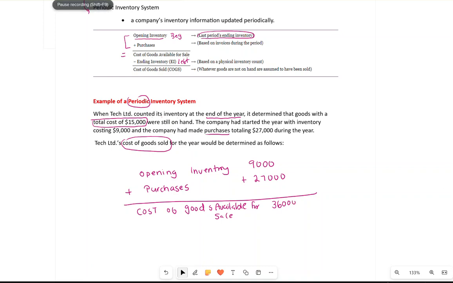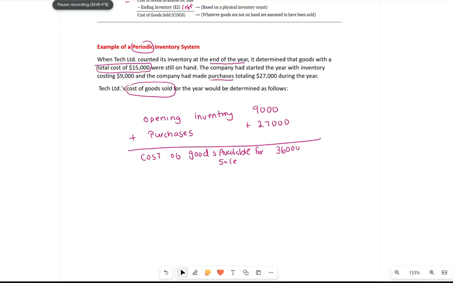So when we did a physical inventory at our warehouse, we counted that we have an ending inventory, or the inventory that we have on hand. The inventory that is still on hand is called an ending inventory. If that's the case, we minus what we have left over.